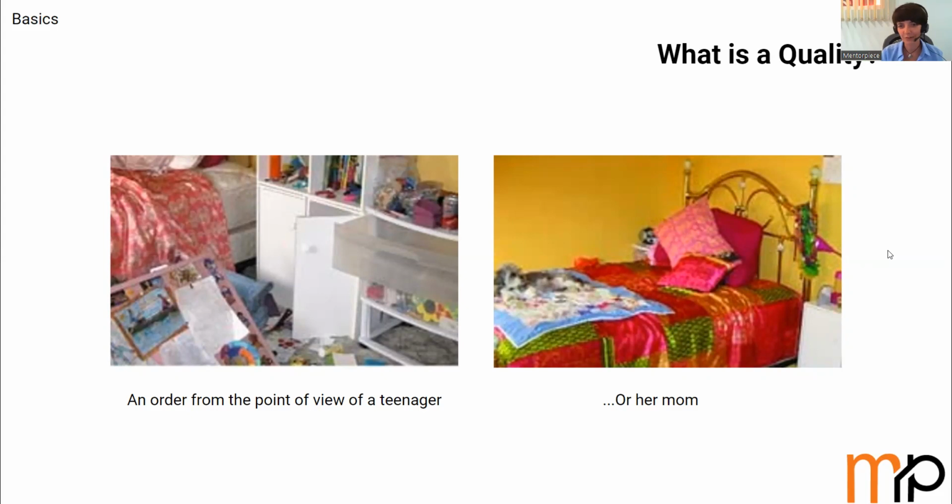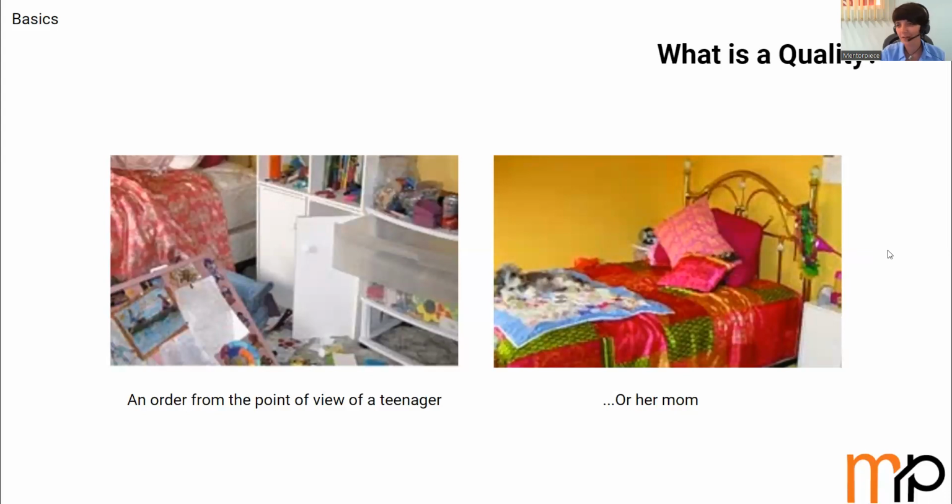So for example, you are a mom of a teenager, or those who were teenagers not so long ago, you can think about yourself as a teenager. Or if you're a mom, think about your child. And think about the room of your teenage boy or teenage girl. What is the order for your teenage girl? Probably the order from the point of view of a teenager is shown in the left picture.